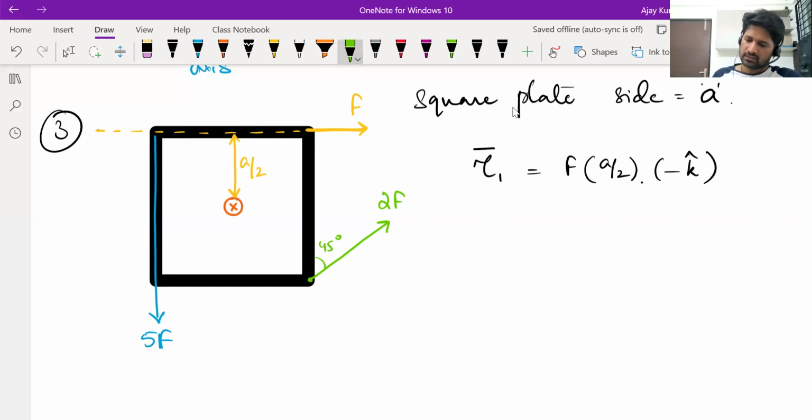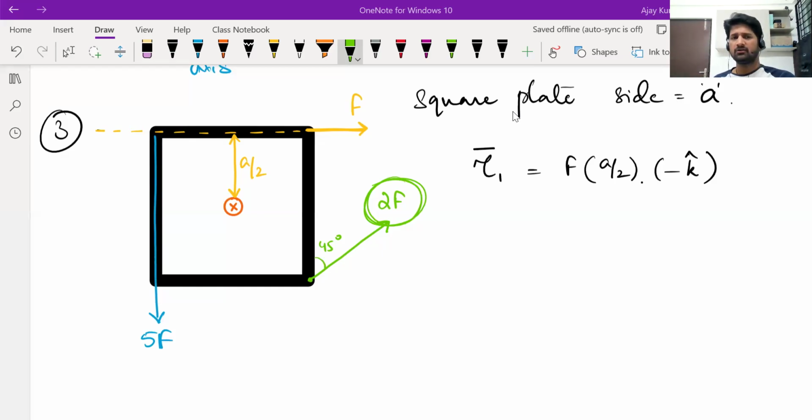Okay. Rishi, can you tell how to get the torque produced by 2F? Sir, I'm not sure. Okay, what all do you need to know to calculate torque produced by a force? The force is known anyway, 2F. What else do you need to know? And the R vector, sir. R perpendicular vector. Okay.